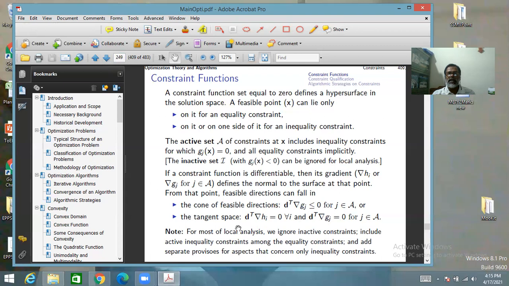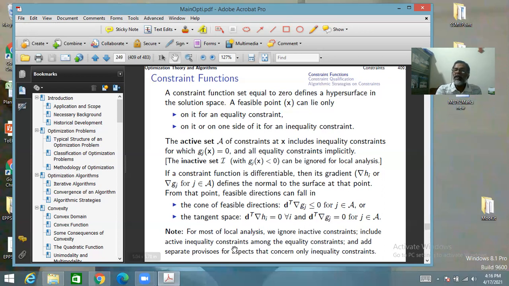Now, for most of our local analysis, we will ignore inactive constraints, include active inequality constraints among the equality constraints, and add separate provisos for those aspects which are applicable only to inequality constraints. That means that for most of the theory, inequality constraints are actually pushed behind the curtain for frontal analysis, because inactive constraints are ignored.